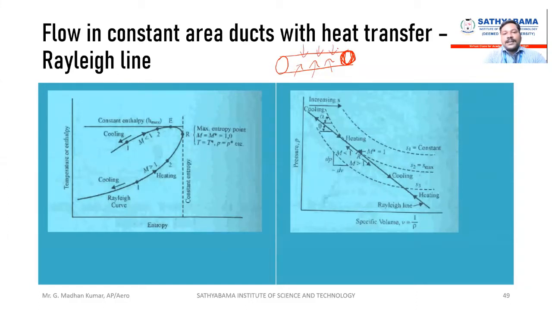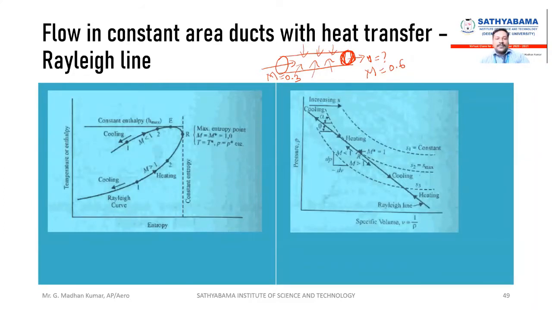When you add heat into it, what happens? We have the normal flow in the initial pipe, with a Mach number of 0.3. Now at the exit, what is the Mach number? At the exit, the Mach number is about 0.6. So what happens to the flow?